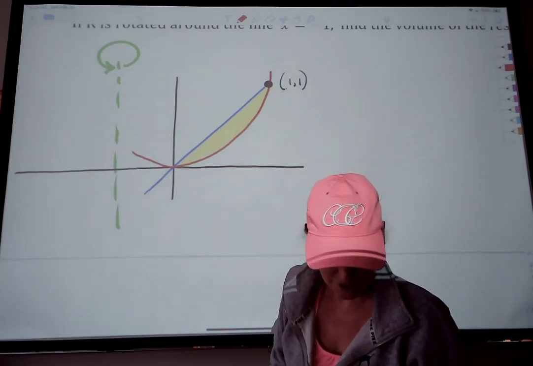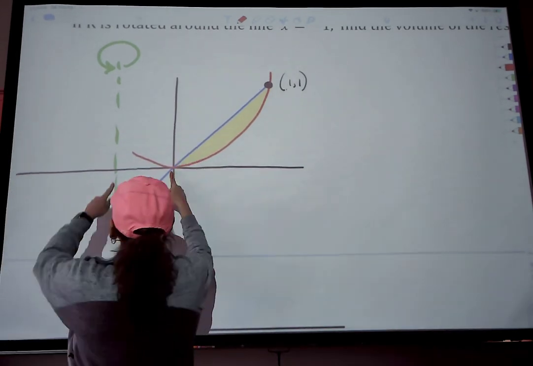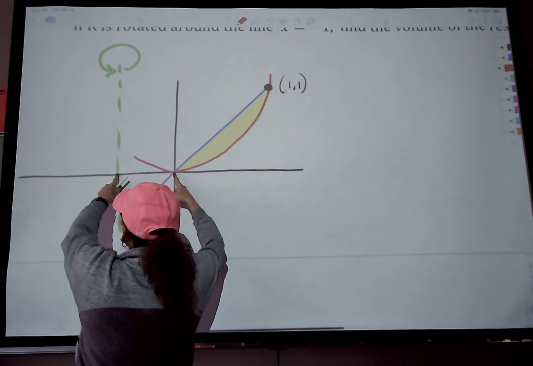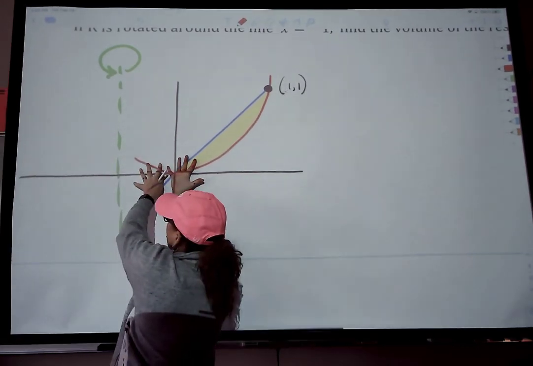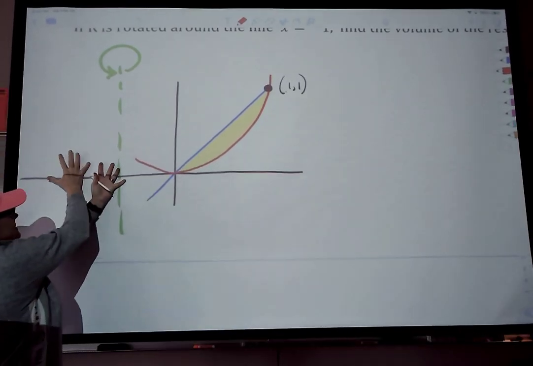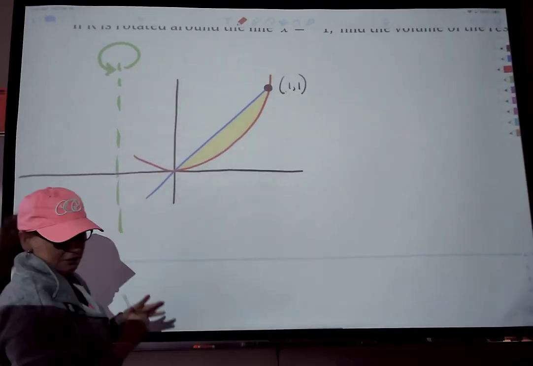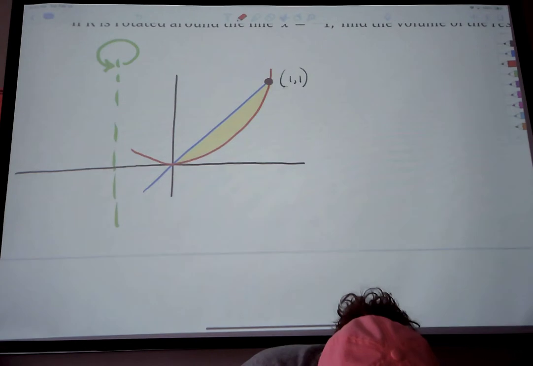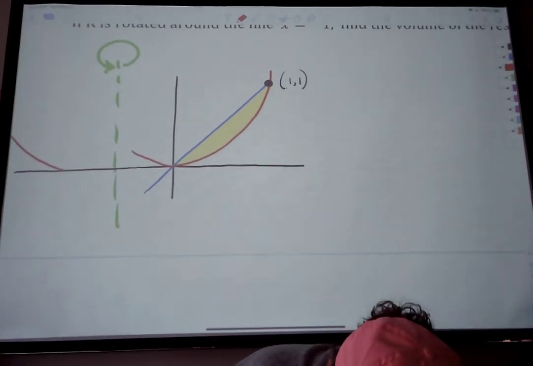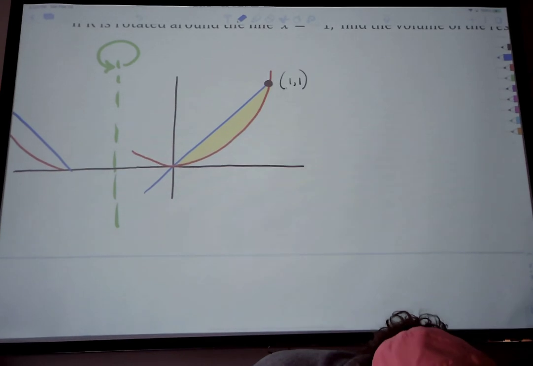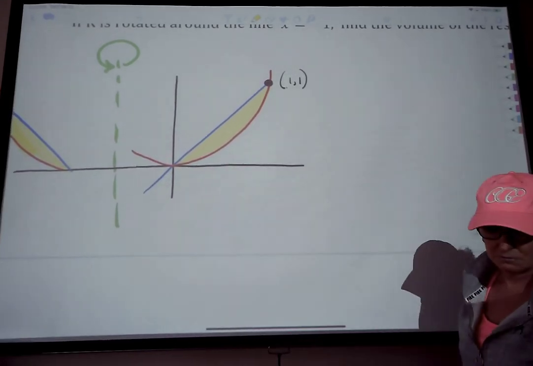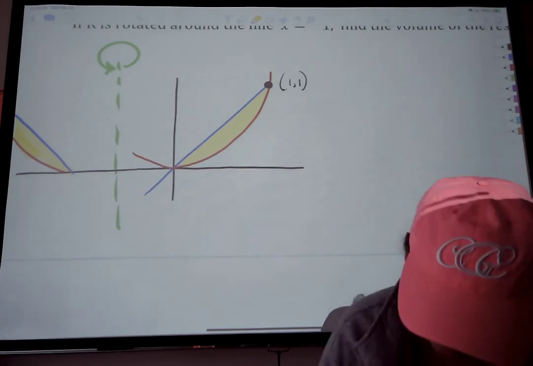Okay, so this, see how far off the axis of revolution is? It's that far away. So as I revolve it, the banana drawing is not even going to start until here. Hopefully you can see that.